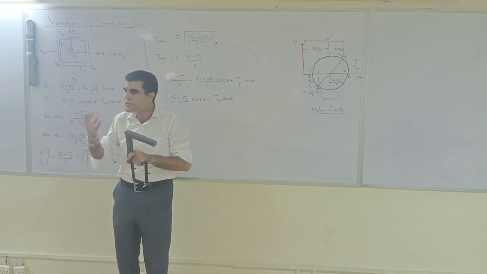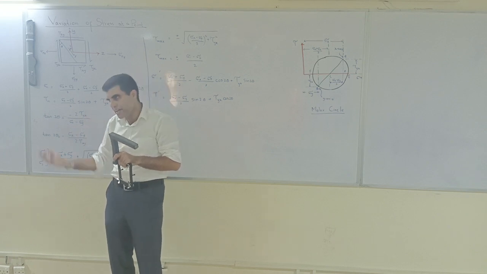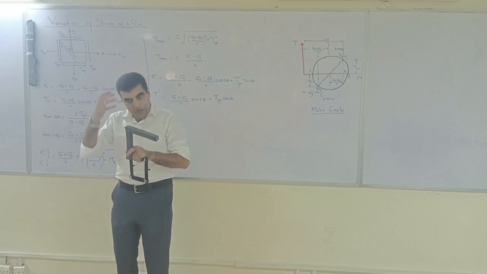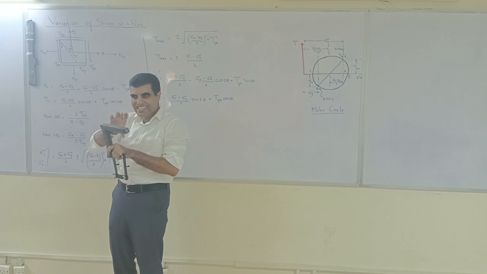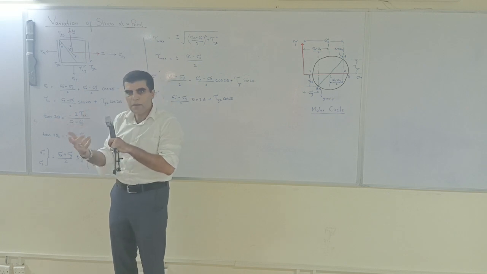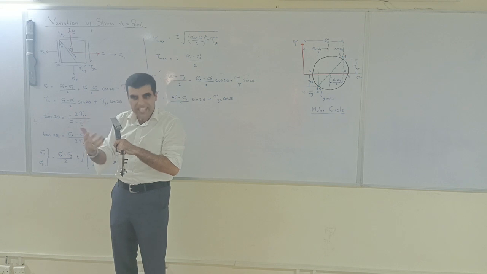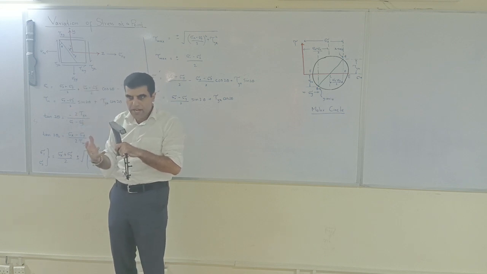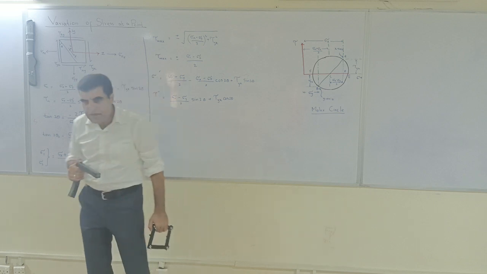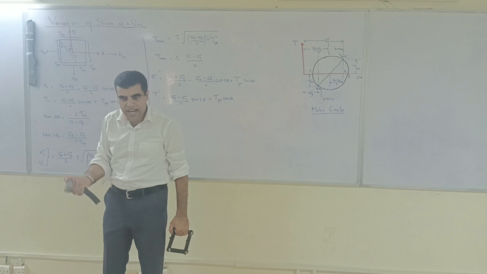At the same time, stress is equal to E times strain, so E is the material property. You have to see what the geometry should be and what would be the appropriate material to take that type of loading. You understand my point? So stress is an important variable which we are trying to find out.